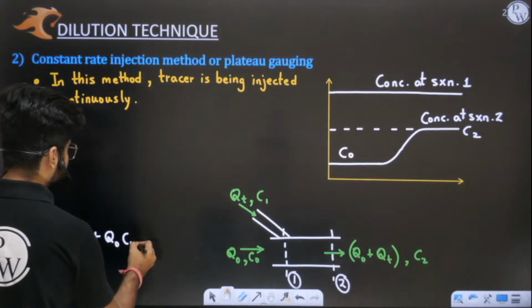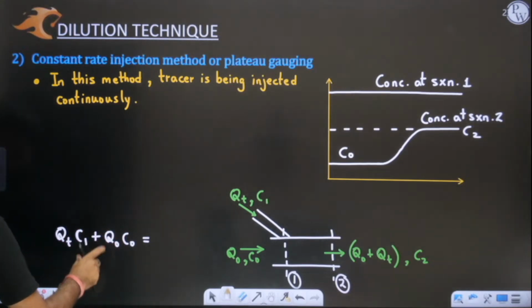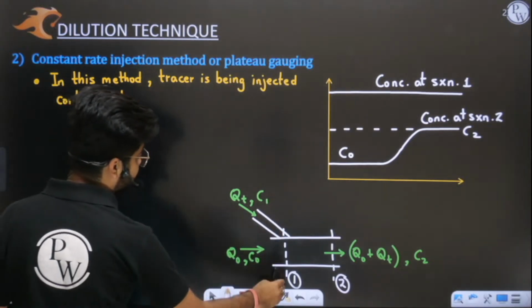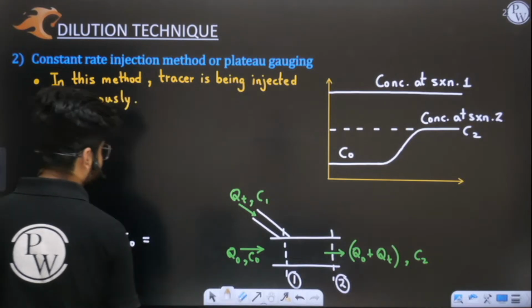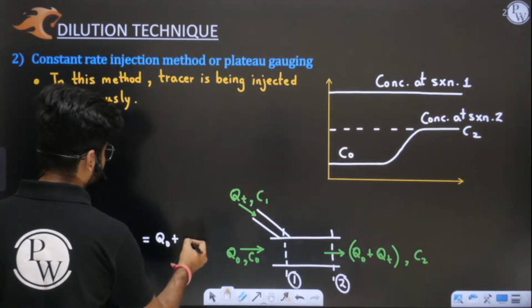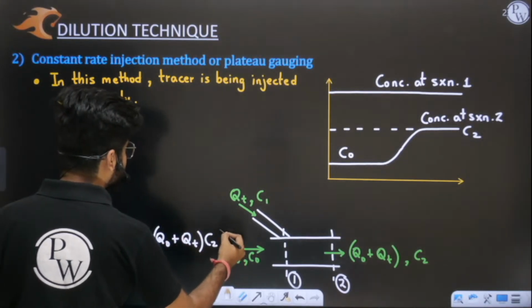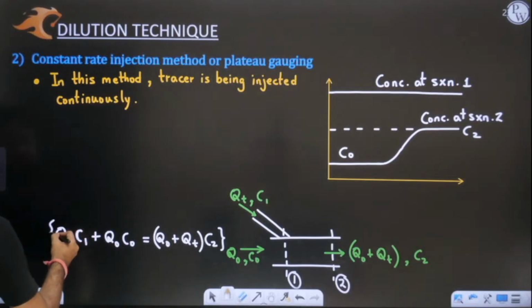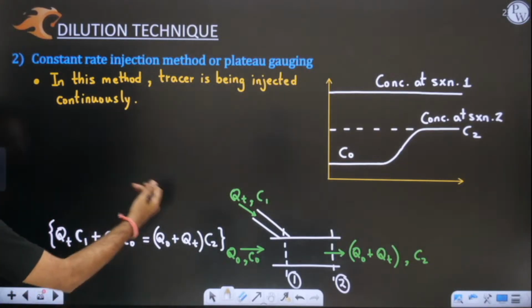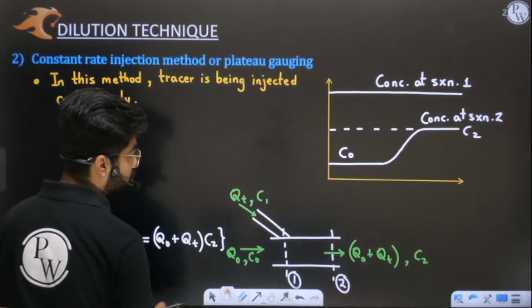This is the total amount of tracer at section 1, and at section 2 the total amount of tracer is Q0 plus Qt into C2. Whatever tracer is at section 1 will be equal to the tracer at section 2. This is your continuity equation.